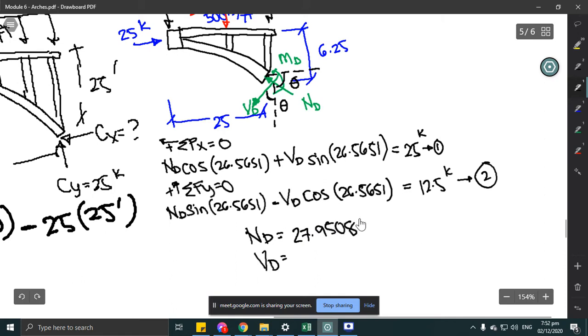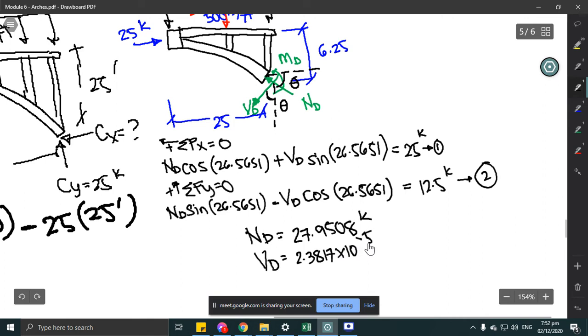So parang iisa lang yung naririnig kong pumipindot. Parang iisa lang yung estudyante ko dito. And then yung shear D, 2.3817 times 10.